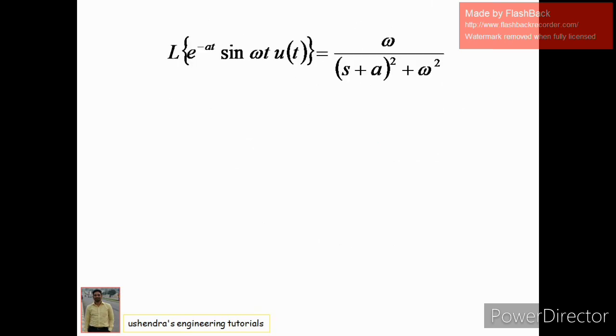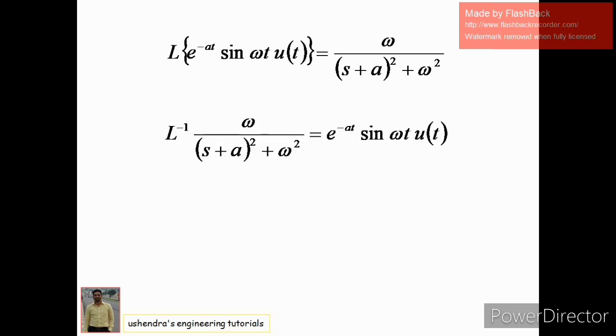Recollecting it, the Laplace transform of e raised to minus at sine omega t u of t leads to omega upon (s plus a) whole squared plus omega squared. At this point, I would like to mention that the inverse Laplace transform of omega upon (s plus a) whole squared plus omega squared leads us back to e raised to minus at sine omega t u of t.